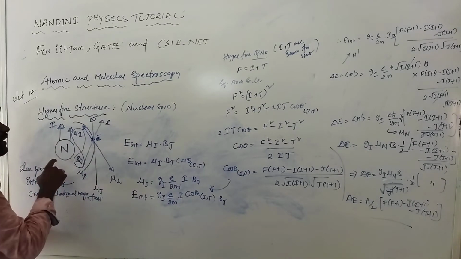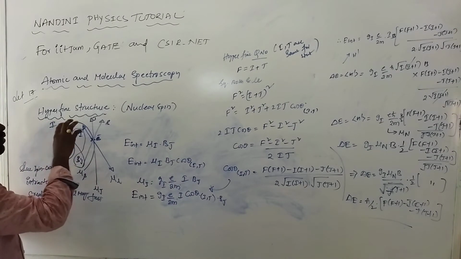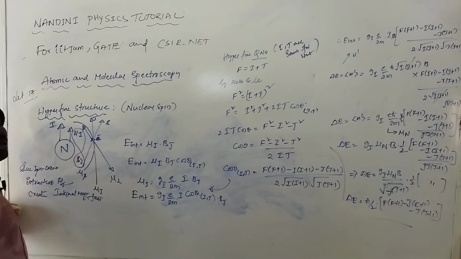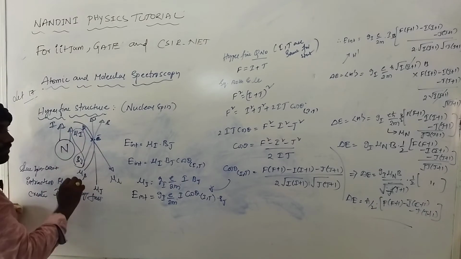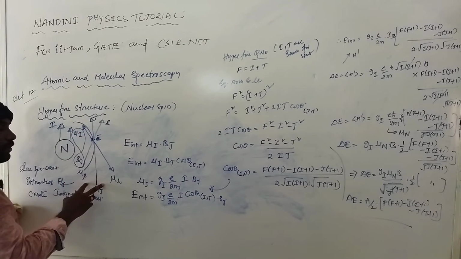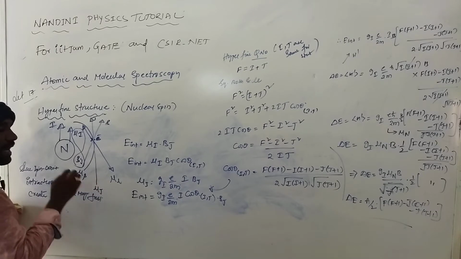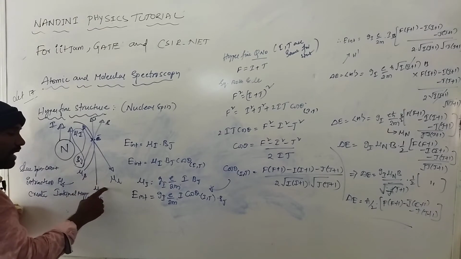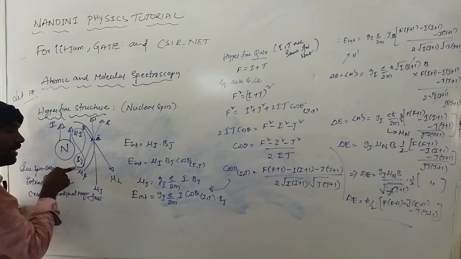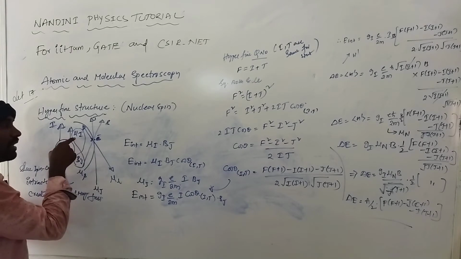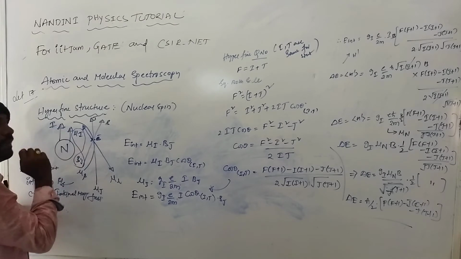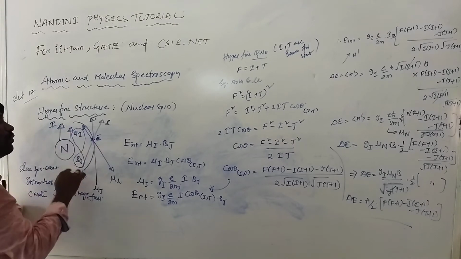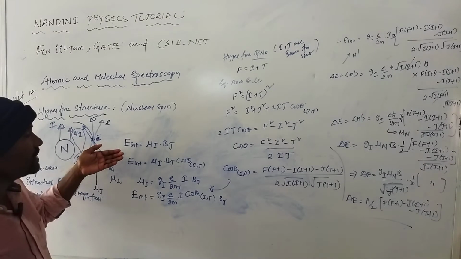According to spin theory, this nucleus is right now rotating about the fixed electron. So, the electron rotation will give total angular momentum J, and according to spin orbit interaction you will get magnetic moment mu J. Now, this magnetic moment arises due to internal magnetic field. Right now, that internal magnetic field is interacted with this nuclear spin magnetic moment. So, due to this rotation you will get some interaction energy.